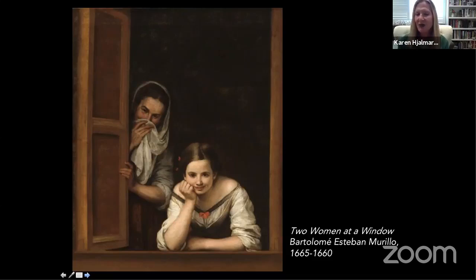She's very, very beautiful, the tonality of white against the white and dark trim. And this is her companion. In the upper classes in Spain, it was very important to have an older companion who kind of monitored you.